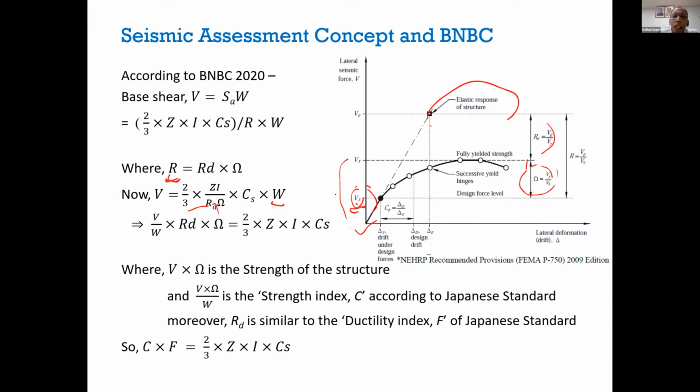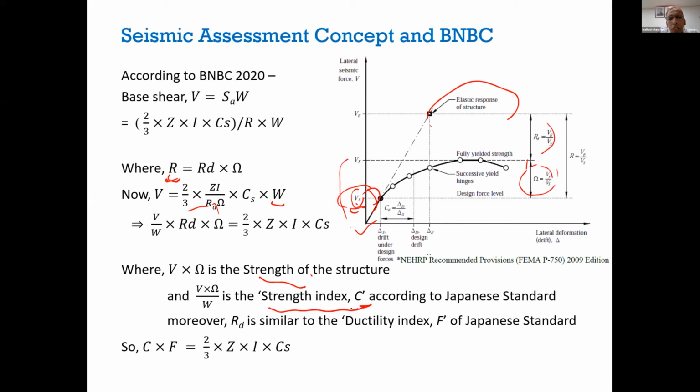Initially, we designed at this level, but finally there is some redundancy in the structure, as well as we provided more rebar than is needed from the design. That's why we have more strength than the base shear strength. So this is the strength of the structure, and it divided by W is the strength index, C.